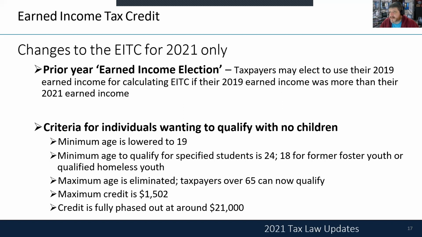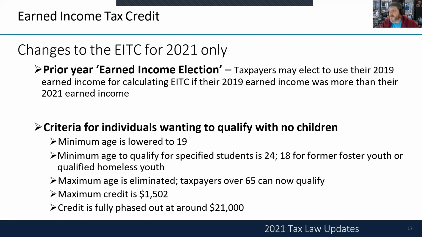Last year, the IRS kind of took it in the shorts a little bit because they weren't clear. This year, they are crystal clear. You must have income in the 2021 year. Prior to that, it was sketchy as to whether or not they had to have earned income. So they have to have earned income in 2021 to be able to use their 2019 earned income to calculate EIC.